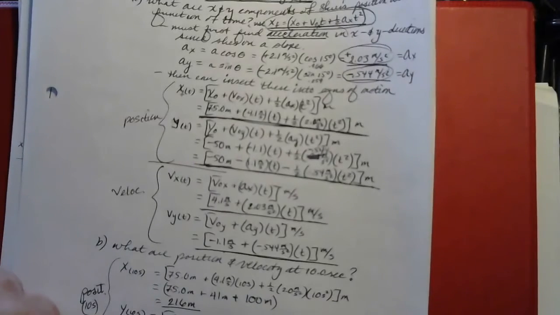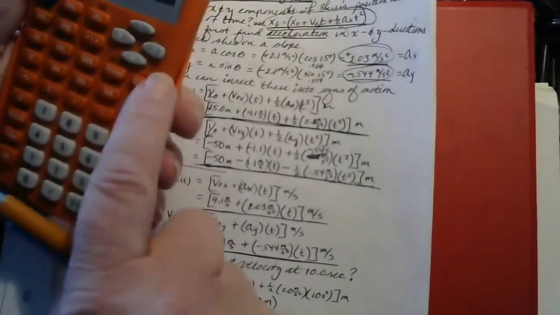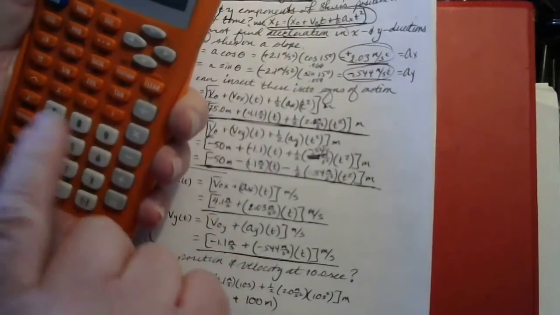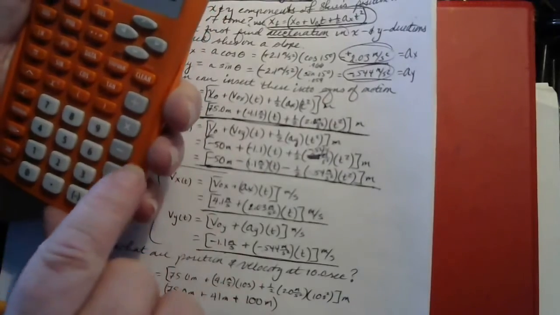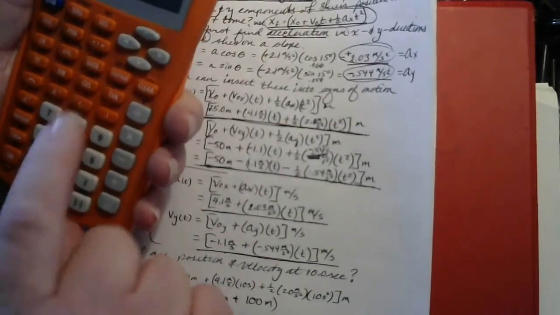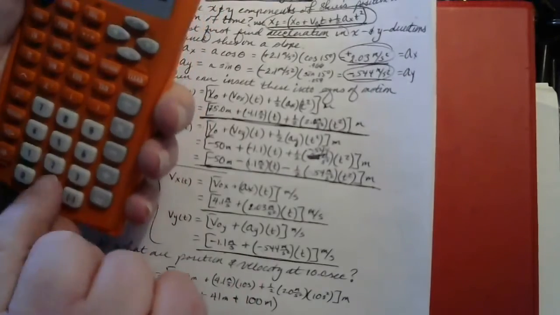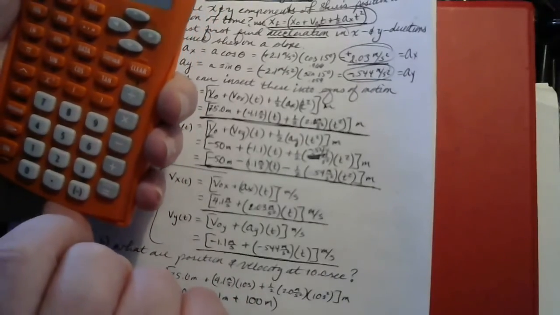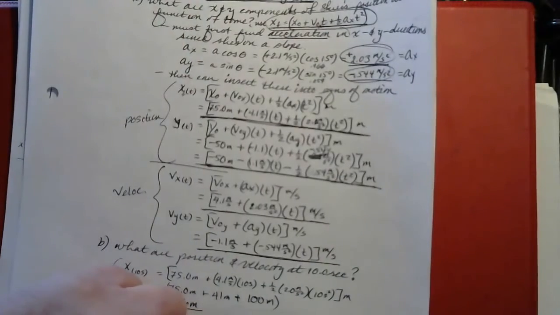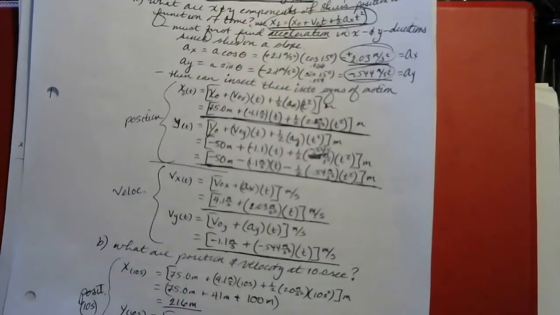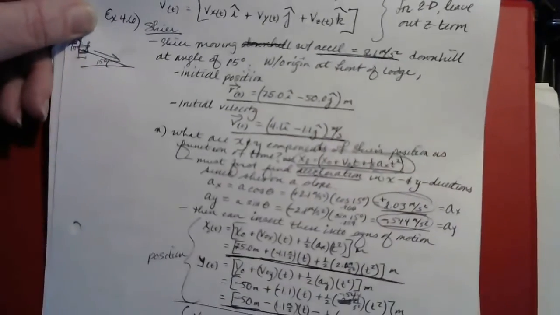So it's going to be the square root of 216 squared plus negative 88 squared. And if we actually try doing that, 216 squared is a really big number, plus 88 squared equals an even bigger number, but take the square root of that and you get 233 meters downhill from the lodge.